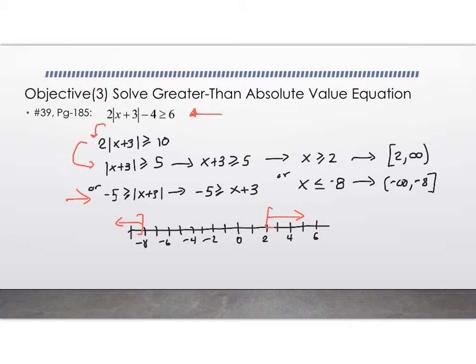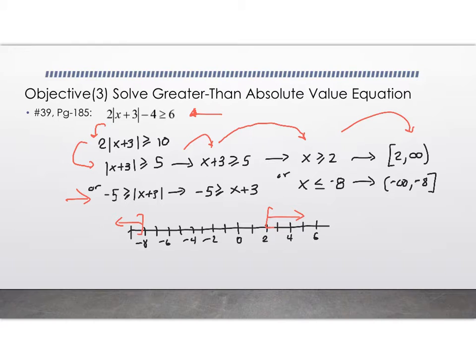The first one, x plus 3 is greater than or equal to 5, when we take the absolute value sign away. This now becomes x is greater than or equal to 2, because I subtract 3 from both sides. So my solution is, in interval notation, bracket 2 comma infinity.